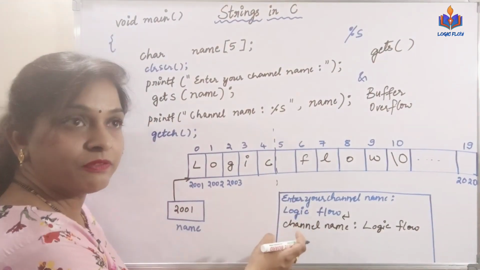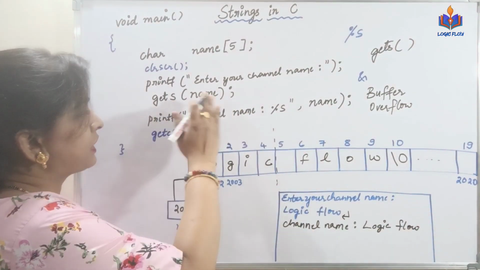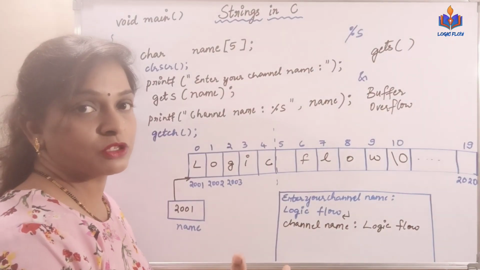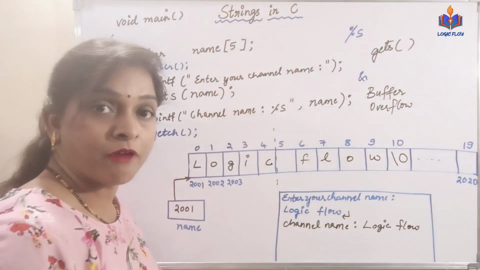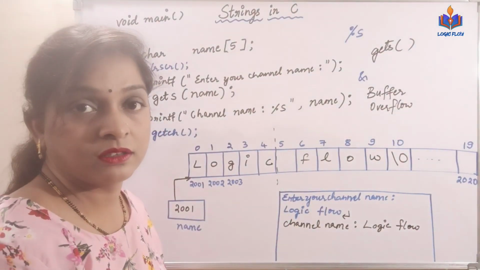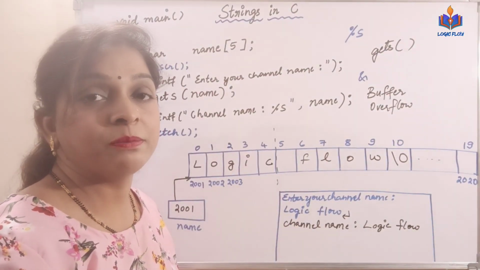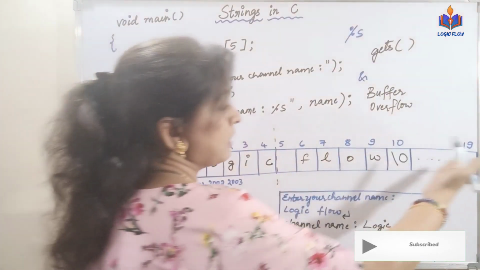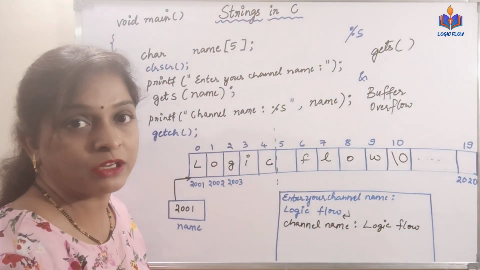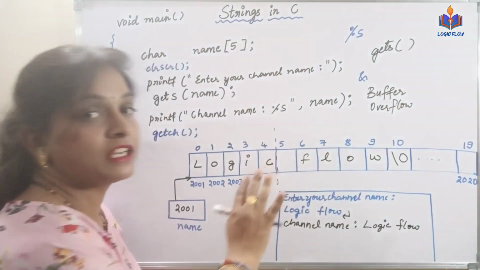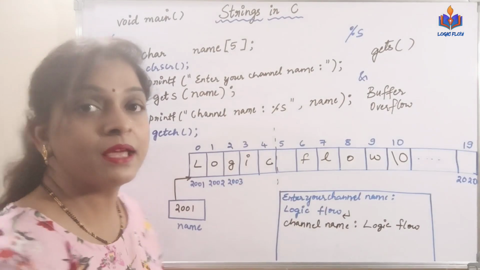But it will take the values. If you have gets or scanf, both will take that sequence of characters in the case of buffer overflow. And when you print the values also, you'll get it. But the memory will be at risk. Of course, the remaining memory allocation will have garbage value. But whatever values I have given will be taken into the memory and printed.